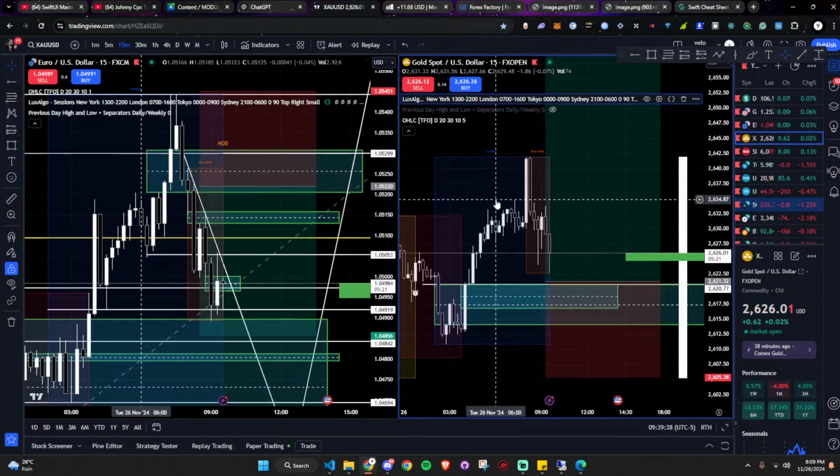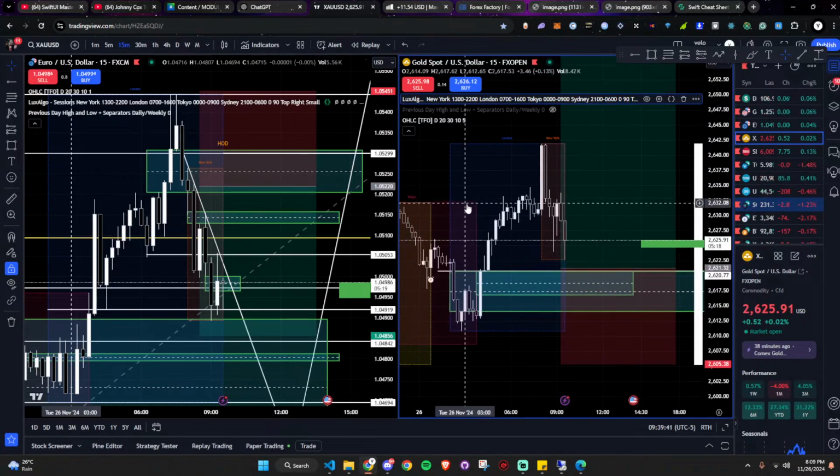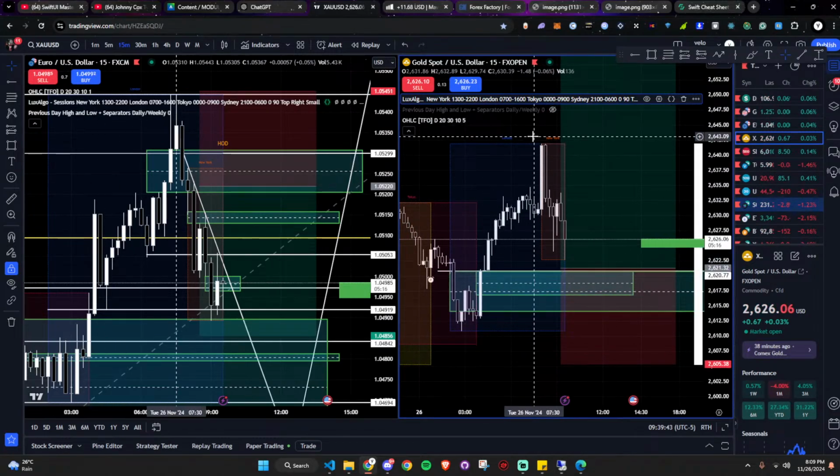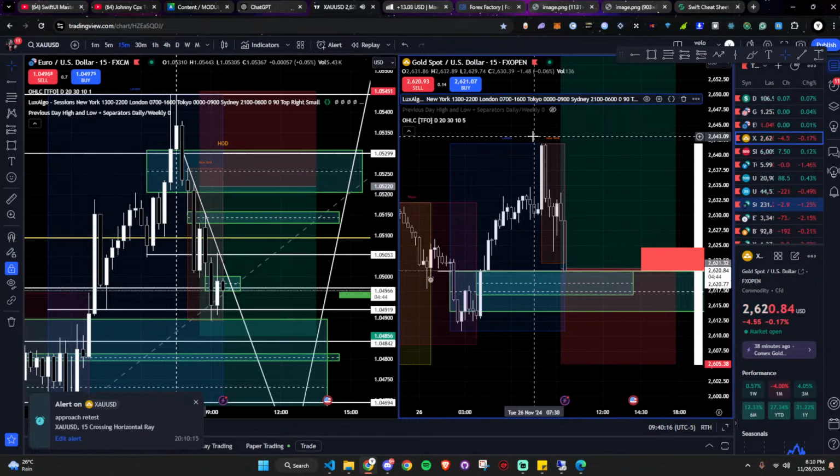Let's see what it does over here. Hopefully we see a sort of rejection. If it does reject this price range, I will expect price to sort of dip from this area. But I don't know. Let's see. IFVGs, baby. Yes, sir.